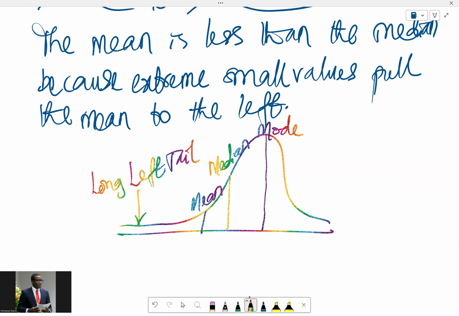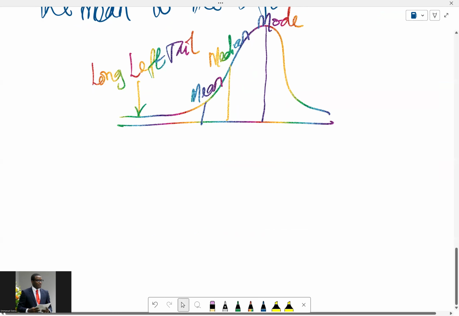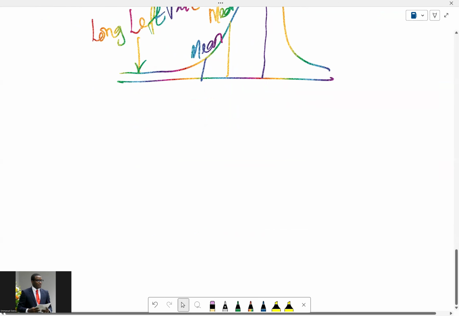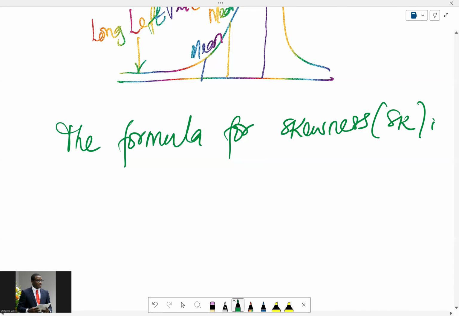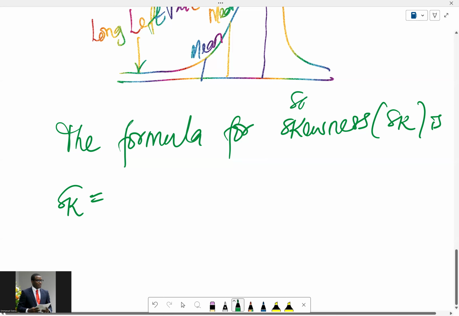Interestingly, there's a formula for skewness. Let's see that. The formula for skewness, which you can call SK, is this. Actually, this is sample skewness now. We'll just focus on that.